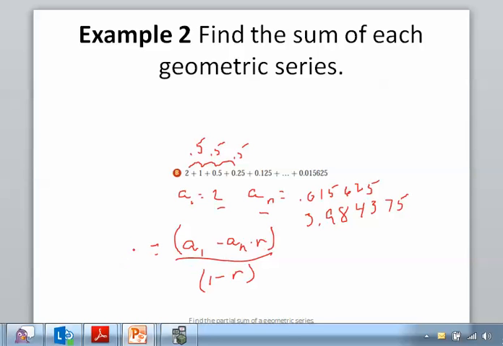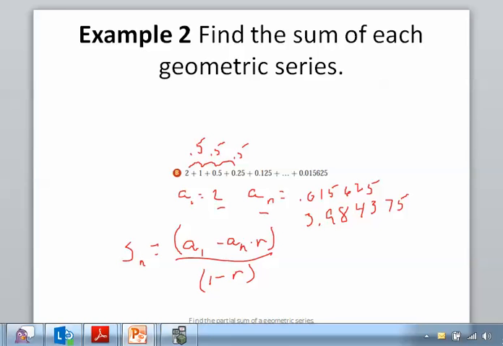If I don't do that, sometimes it'll divide just this last one by this number, and that's not going to give you the right answer. Okay? So that's the caution. You got to be smarter than the calculator sometimes, right?